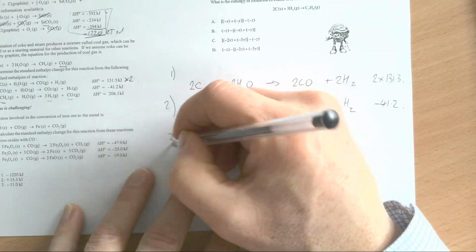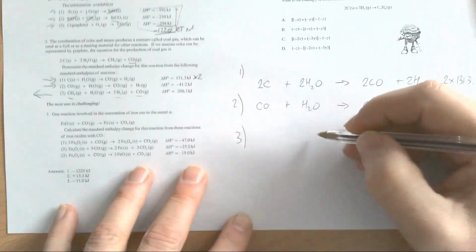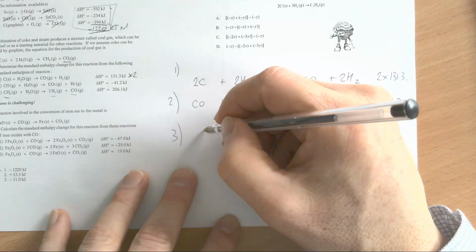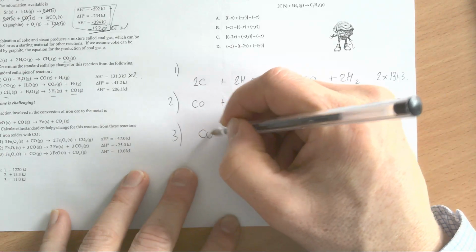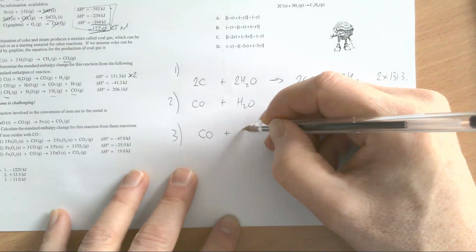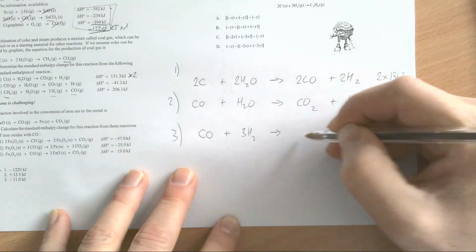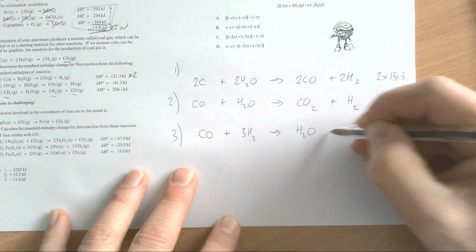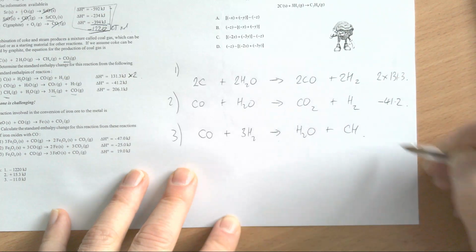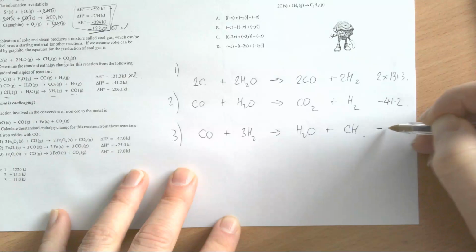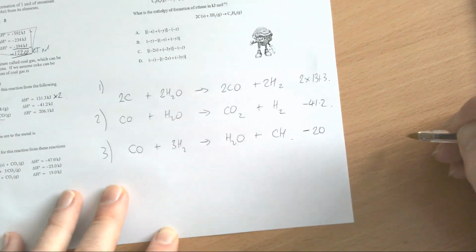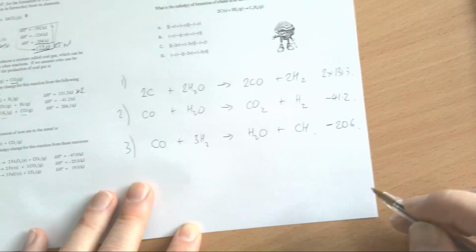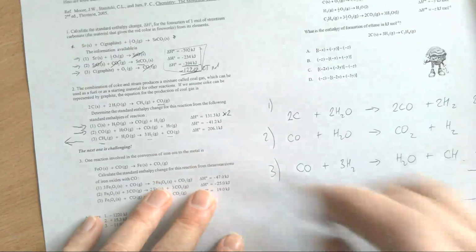And for step 3 we're going to write the reverse of reaction 3, which is carbon monoxide reacting with 3 lots of hydrogen to give steam and methane. Now I'm going to write that as minus 206 because it's the reverse of reaction 3 over here.